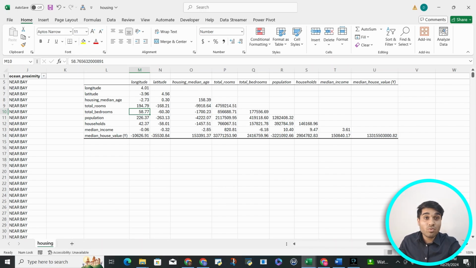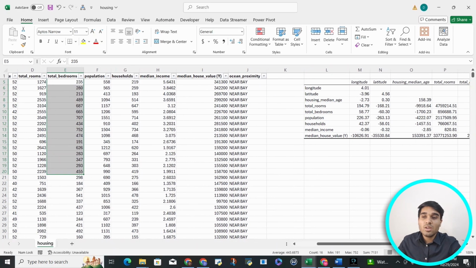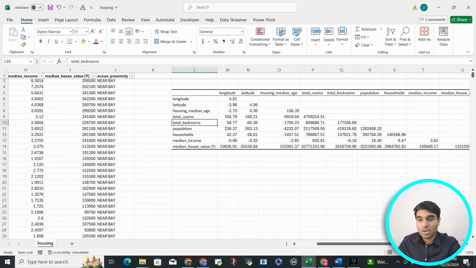The answer is both are moving in 58.77 units, but the way they are moving is very confusing for me because I have to see what is the range for longitude, and then I have to see what's the range for total bedrooms as well. I cannot really just go ahead and do it very normally. I actually have to work around and understand how these results can be interpreted.